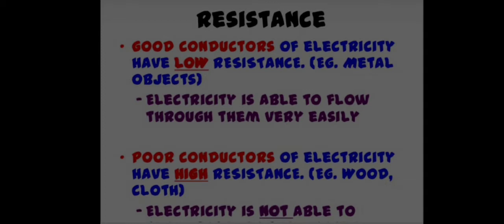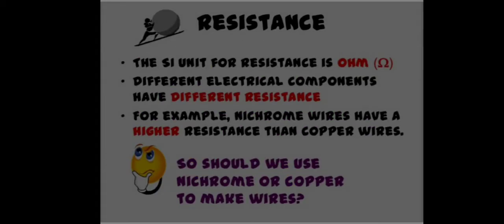So electricity is not able to flow through that type of conductor, because resistance is high. If the resistance is high, then the electric current flowing through the conductor is less. For example, you can take wood, cloth, right? Now the SI unit of resistance is what? Ohm. The SI unit of resistance is ohm.